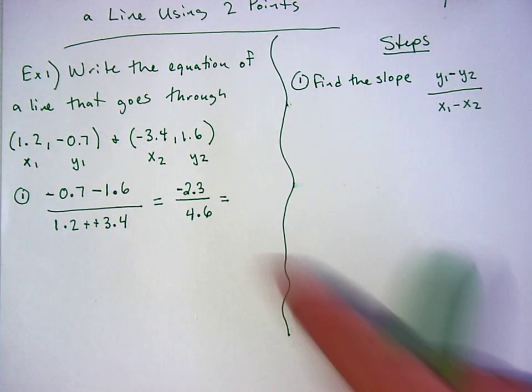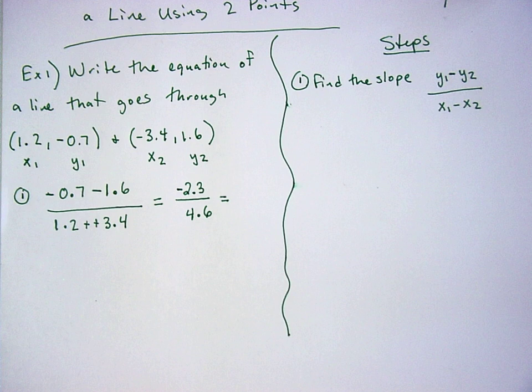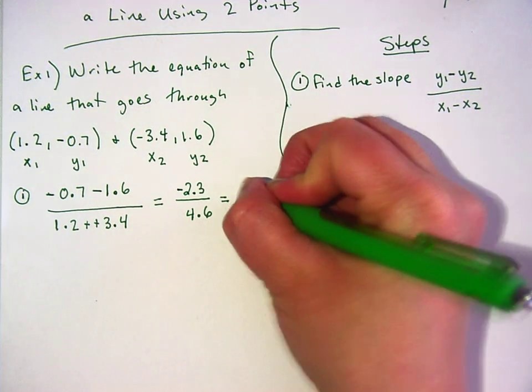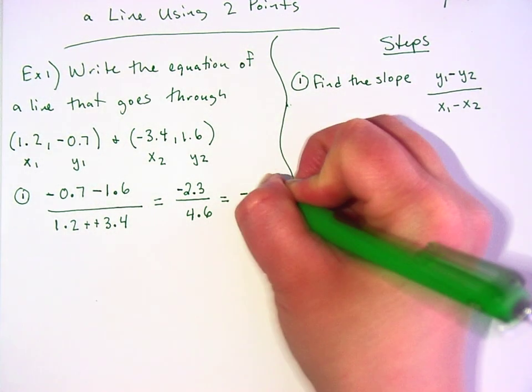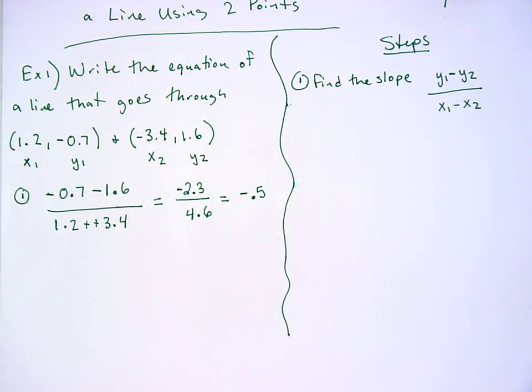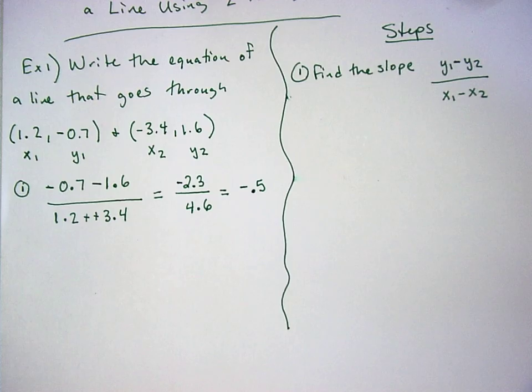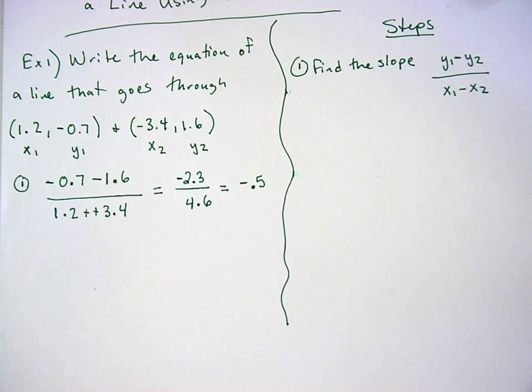And then how do you put a fraction into your calculator like that? Just divide it. That's a dividing sign. You should get negative 0.5. Which is what, negative a half? Yep. You can leave it as a decimal if you want. You can make it into a fraction, your call. I think I'll leave mine as a decimal.